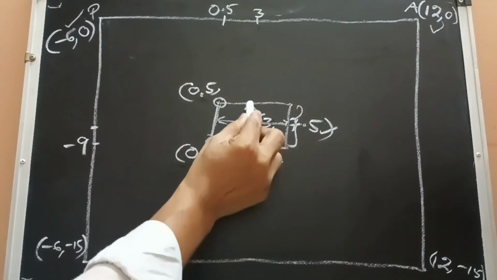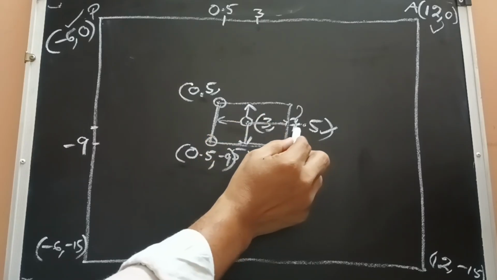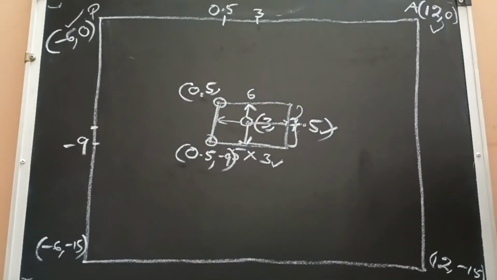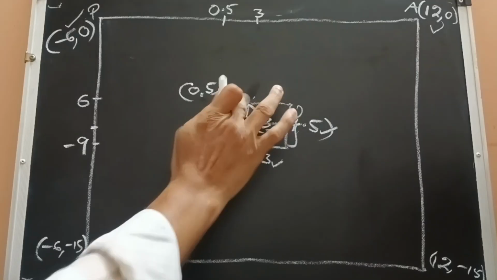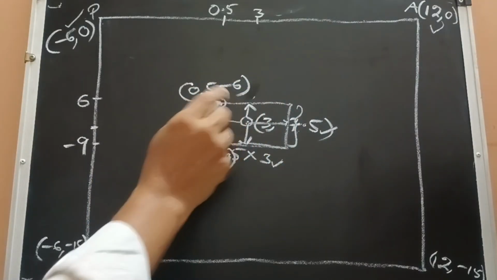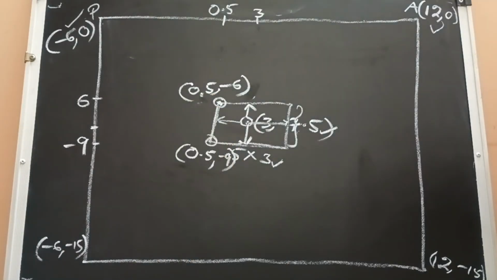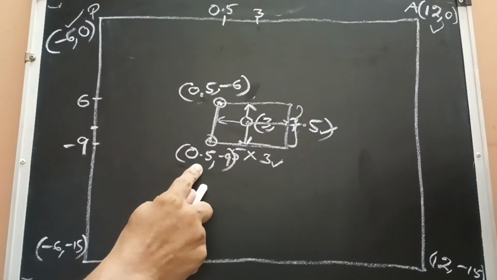And what about this? Decrease 1.5. If you decrease 1.5 from this one, you will get 6. So here the y coordinate is minus 6. Therefore for this, the coordinates are 0.5 comma minus 6. For this, the coordinates are 0.5 comma minus 9.